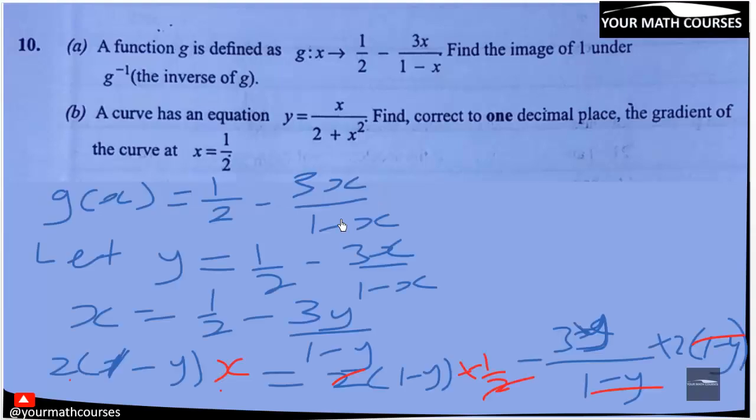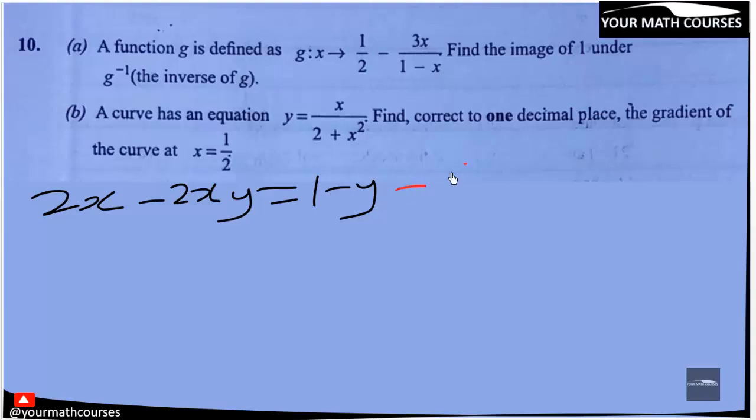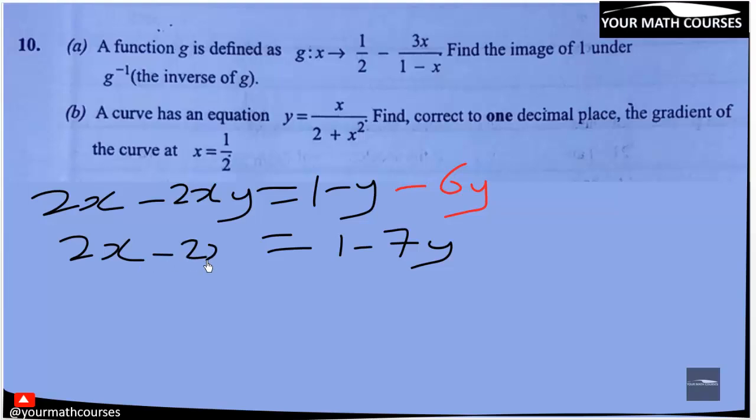So we have minus 6y. So this will give us 1 minus 7y. Then we have 2x minus 2xy.